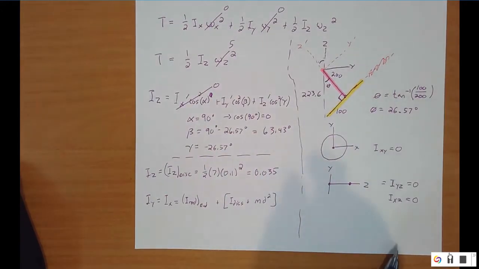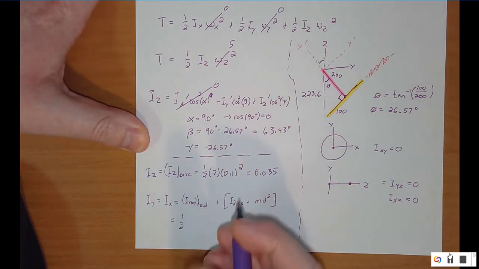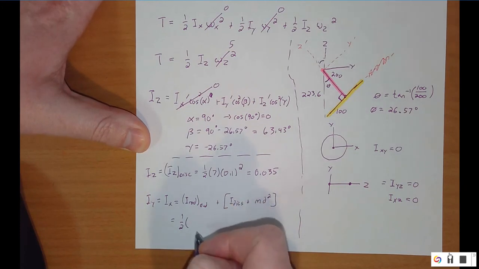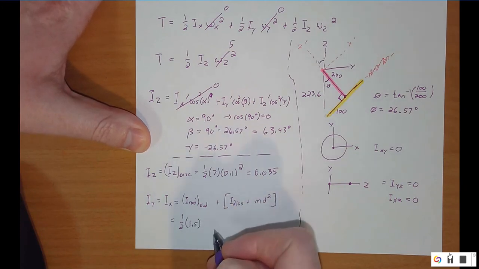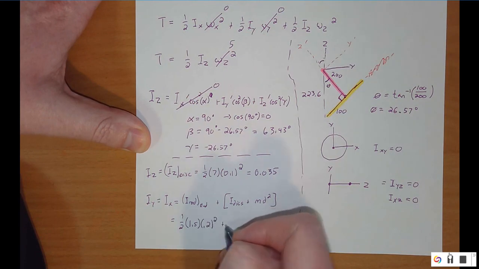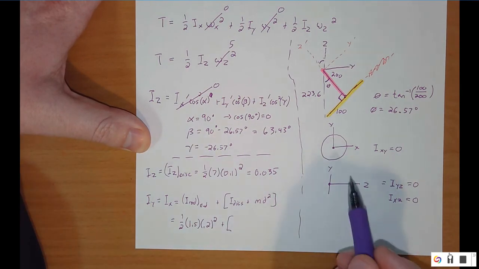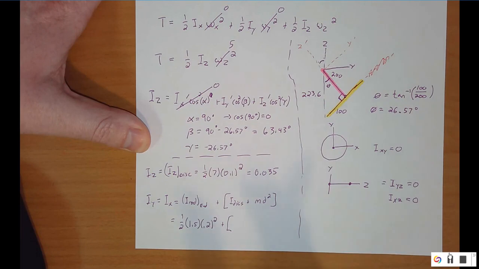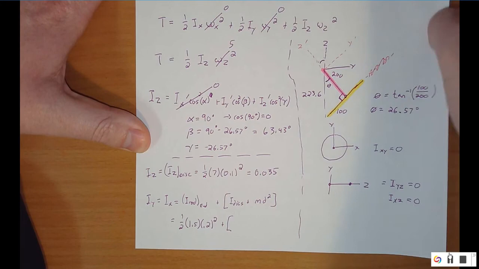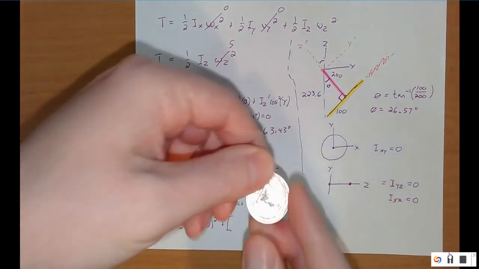So for the rod, we will get 1/3 ml squared. Its mass is 1.5 kilograms. Its length is 200 millimeters, so 0.2 squared. For the disk, again, this is not about its axis of rotation. Think about a quarter: it's not the normal spinning axis, it's the axis like this.